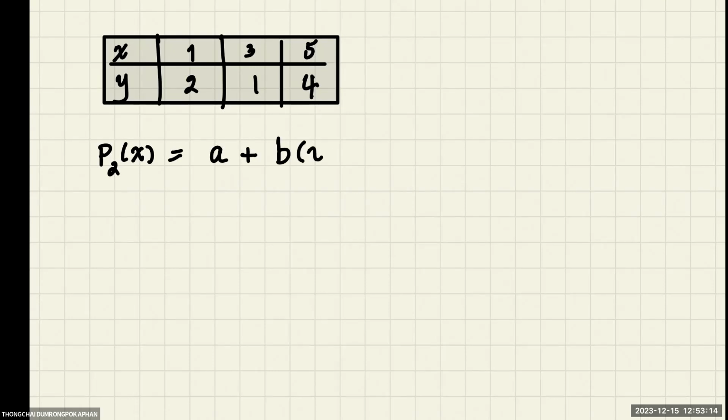Now I take advantage of the first point. I make this term 0: if I replace x equal to 1, this term will be 0. And then for c, it is going to be x minus 1 times x minus 3, of course.